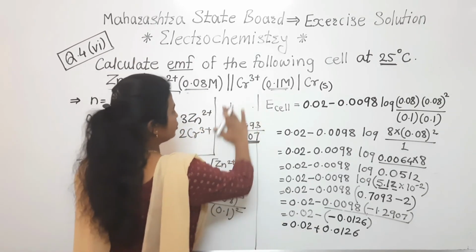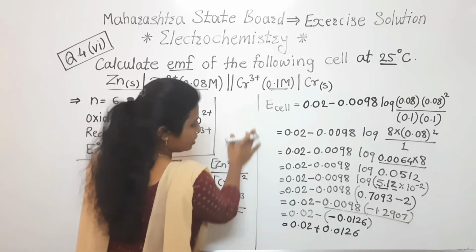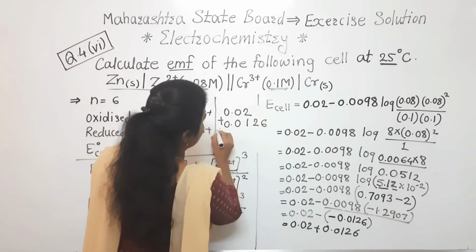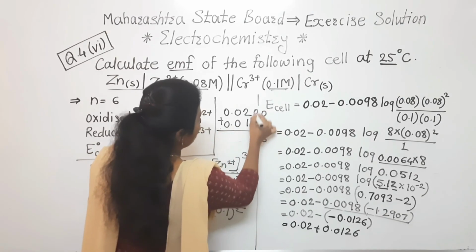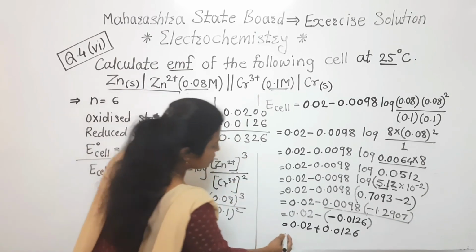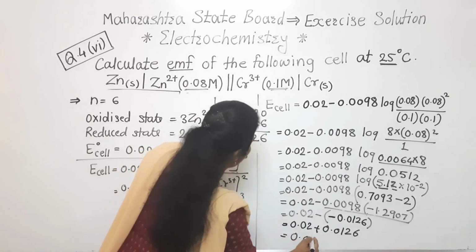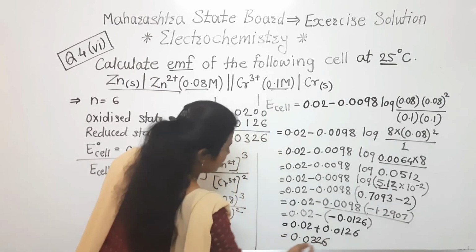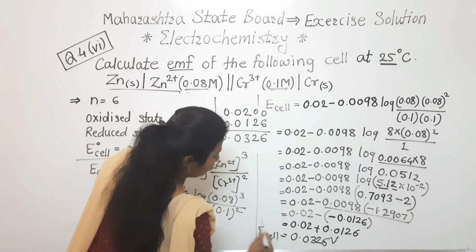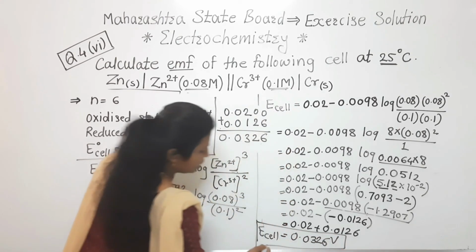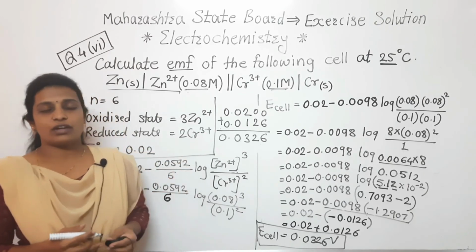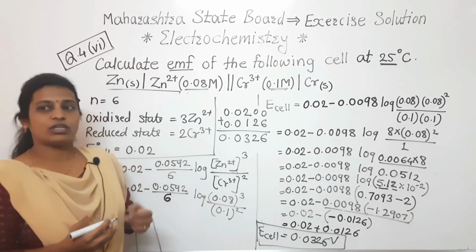See, 0.02 plus 0.0126 gives 0.0326 volt, and that is the final answer. That is nothing but the EMF and nothing but E cell. So here we have completed this numerical, which is the 6th sub-question from question number 4.